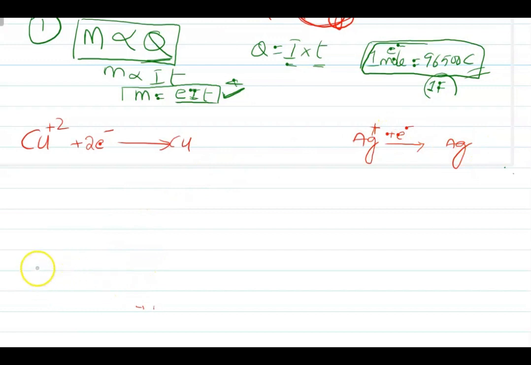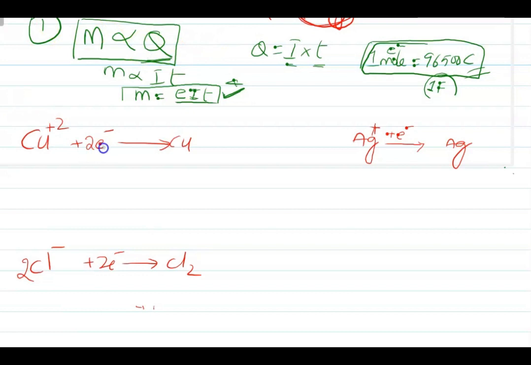For one more example, let us take chlorine: to get liberated as chlorine gas, it has to take 2 electrons, correct? So here is how to apply Faraday's first law.